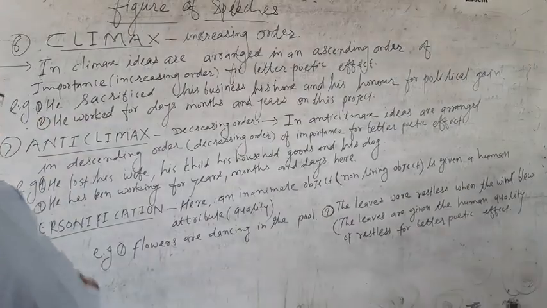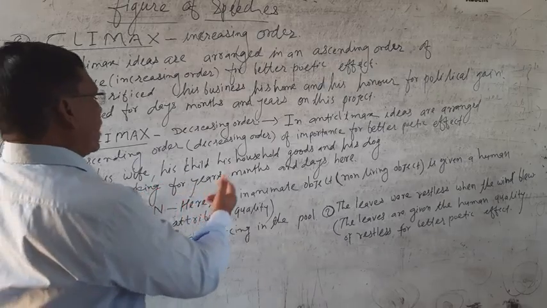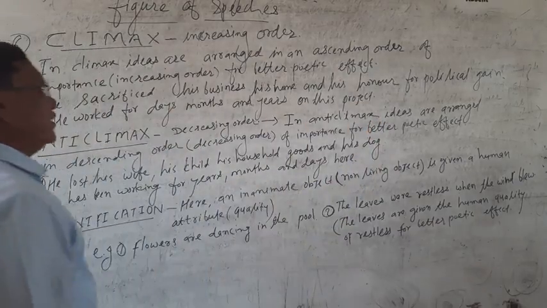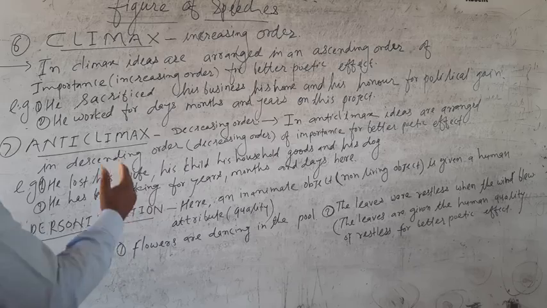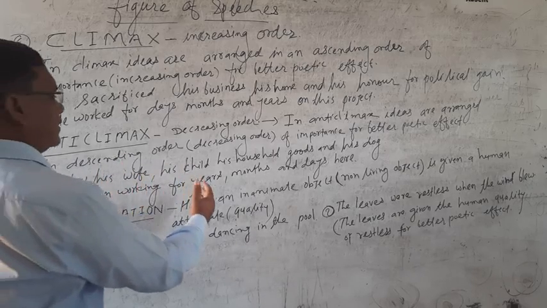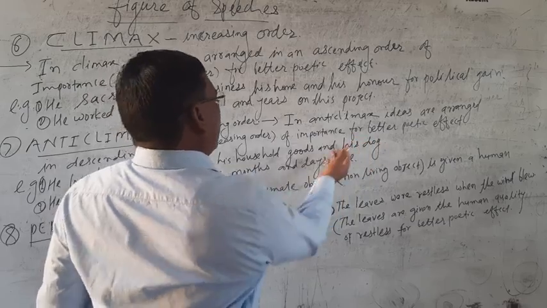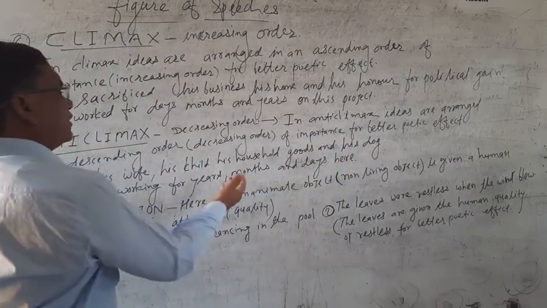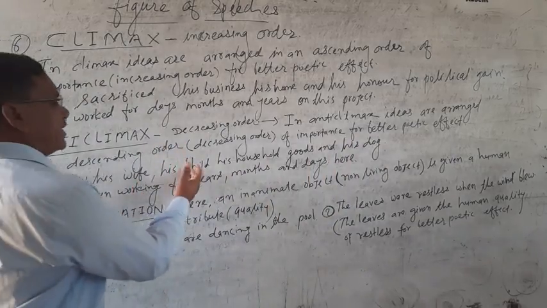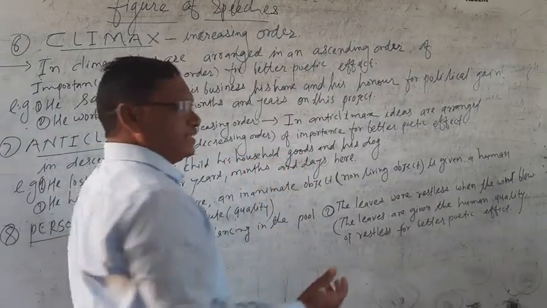Now see here, this is the example. He lost his wife, his child, his house, household goods, and his dog. So this is a descending order, decreasing order. First importance is given to his wife, then his child, then the house, then the household goods, and so on.